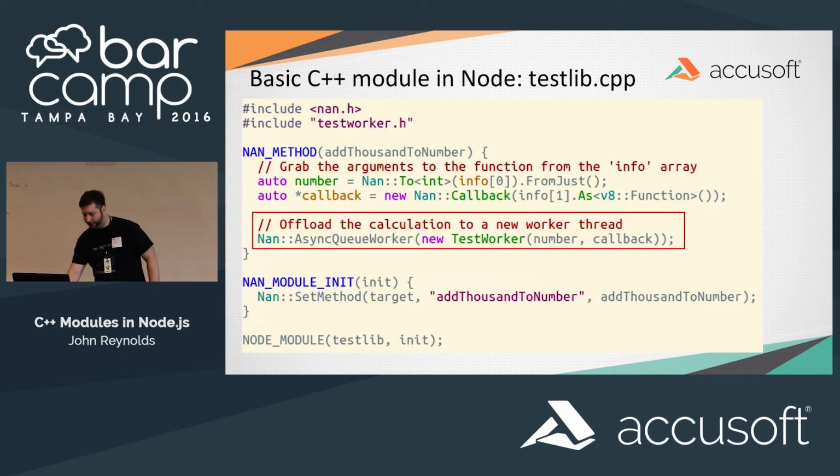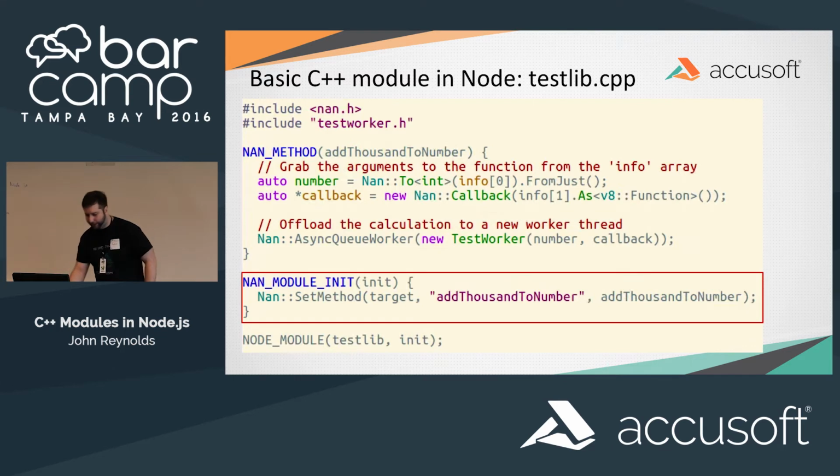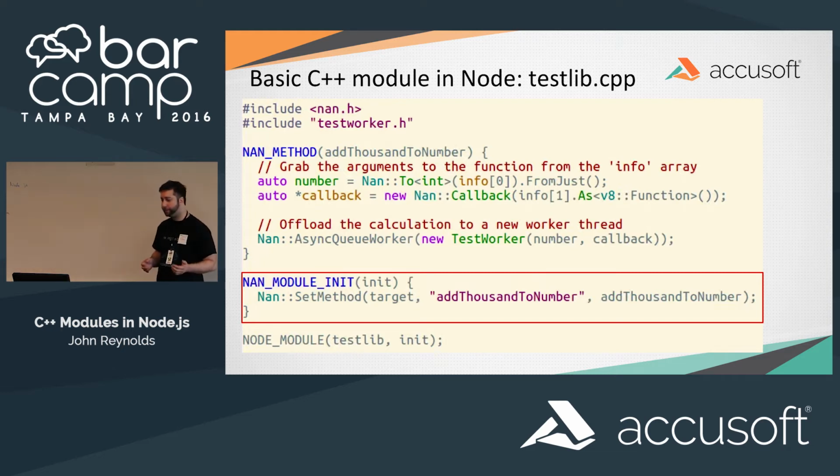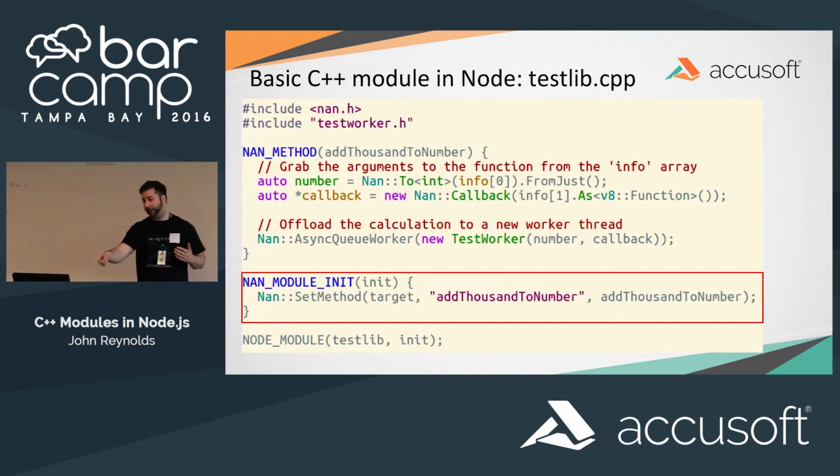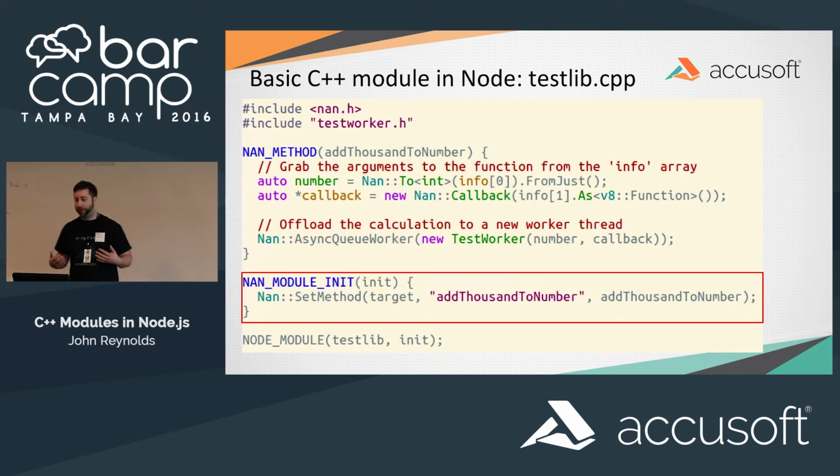So when you require a project in Node, you get a variable back. In this case, the NAN_MODULE_INIT is what actually defines what that variable is that we're going to get back. So that's the target aspect of this macro. Here we're adding our function that we just defined above.